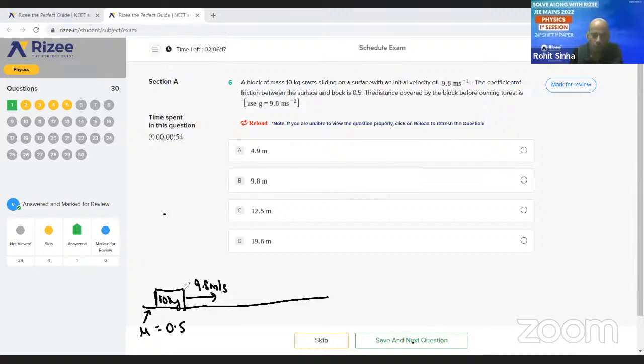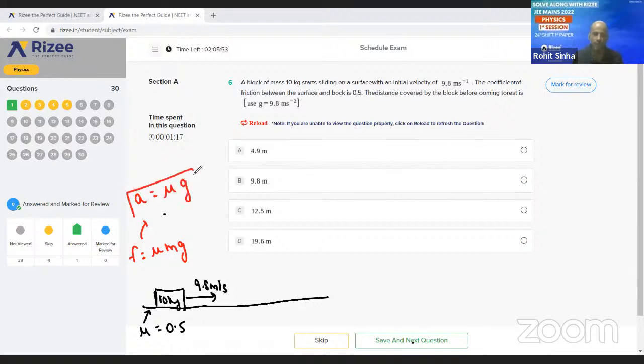We know that a negative force, that is a retardation force, will come due to the friction force, and the friction force will be equal to mu into N, that is mu into mg. From here we can write that acceleration is equal to force by mass, that is mu into g.